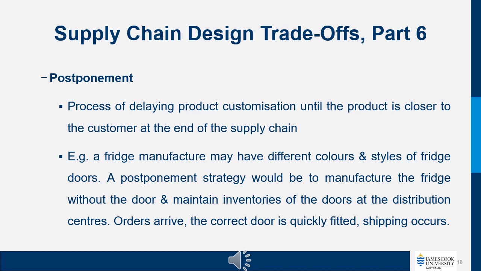So by implementing postponement, the refrigerator manufacturer can reduce the number of unique product variations in inventory as the customization step is postponed until the customer's specific requirements are known. This strategy allows for greater flexibility and responsiveness to customer demand as well as more efficient use of manufacturing resources and reduced lead time.